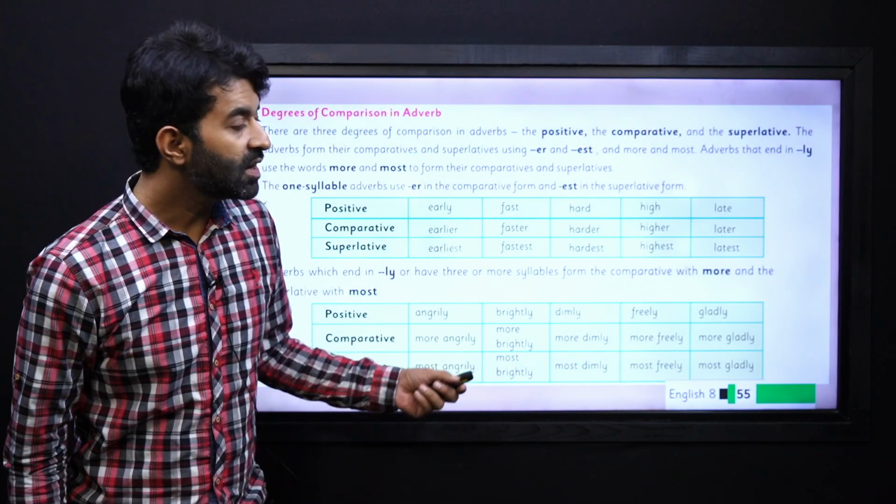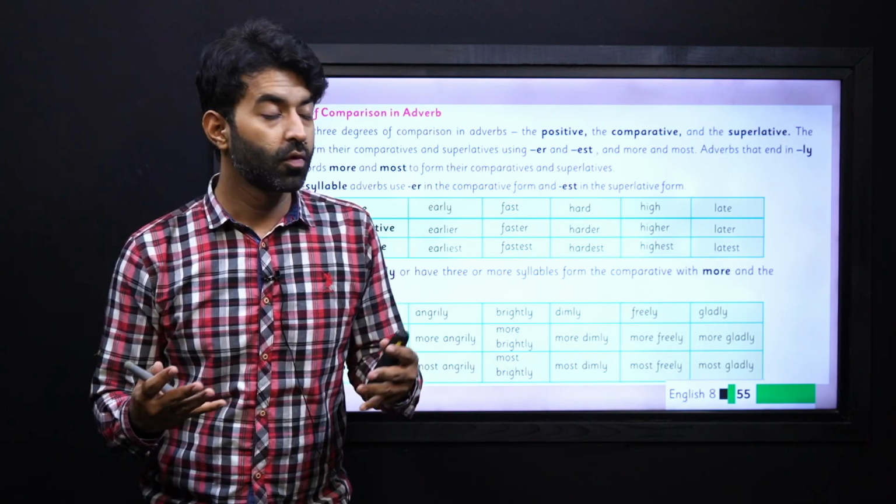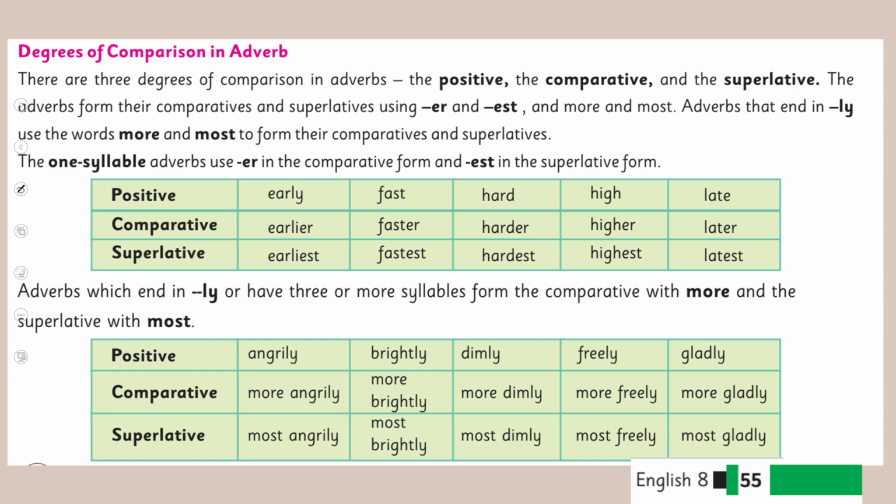Now, just like we are familiar with adjectives and their different degrees, we are going to see degrees of comparison in adverbs. There are three of them: positive, comparative for comparing two things, and the superlative degree, which stands out among all other things. So let's see, we have a word early. In comparison, we'll call it earlier.